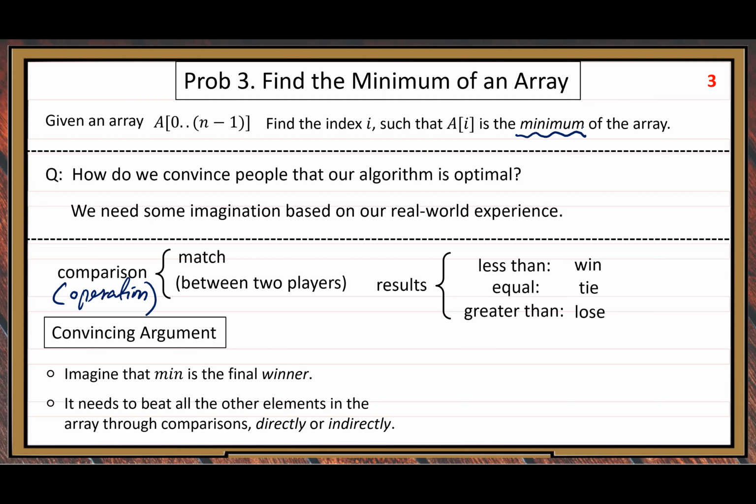But look at this: directly or indirectly. Directly, we know this main player beats another player. That's the direct win. But indirect, there is a situation where the winner beats another player in an indirect way.